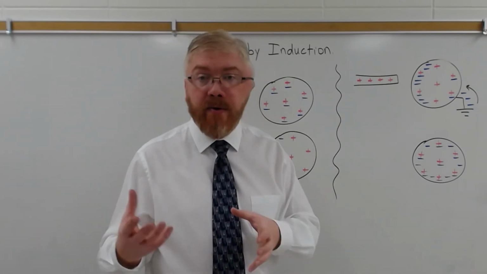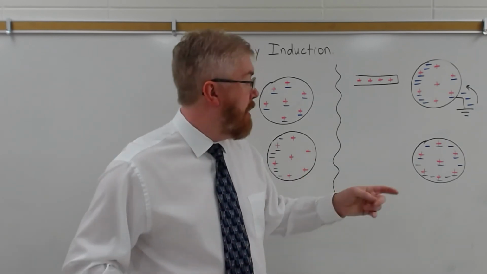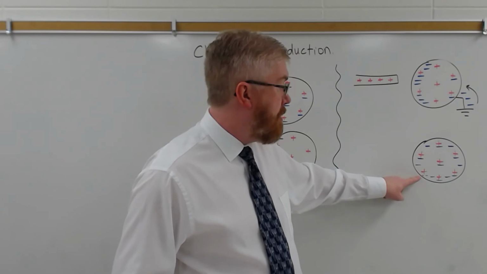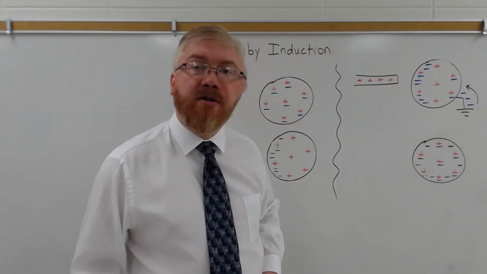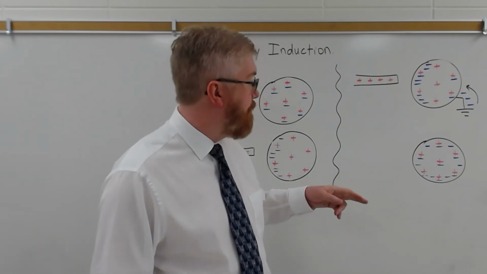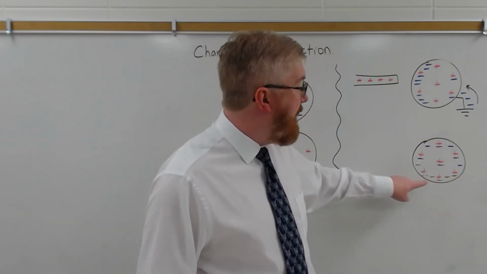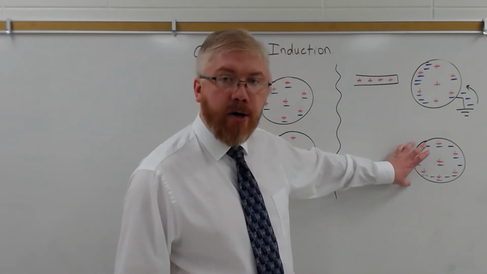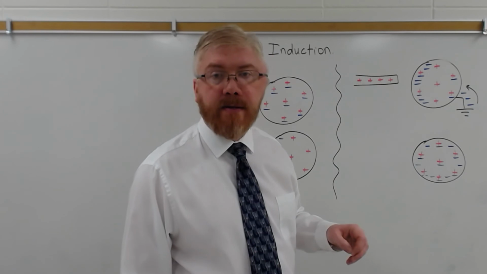Electrons hate one another, right? Like charges repel. So the electrons redistribute themselves over the surface of the conductor. We'll talk about that later on in this chapter. But now you have more negative charge than positive charge. You have induced a negative charge on this object.